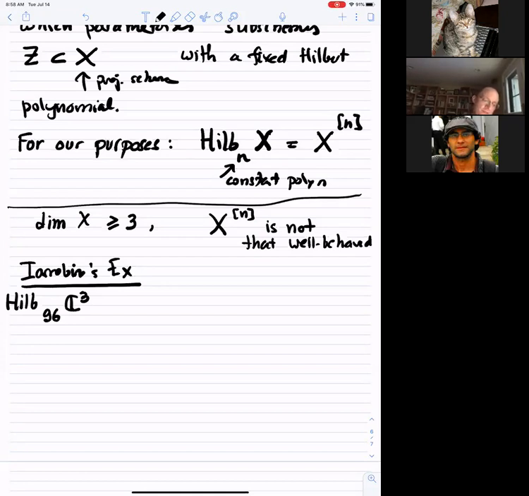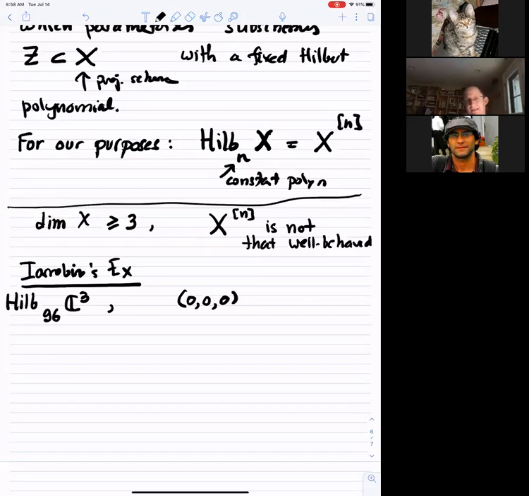Here is what we are going to do. So before we start with this, let's figure out what the configuration space of C^3 looks like.